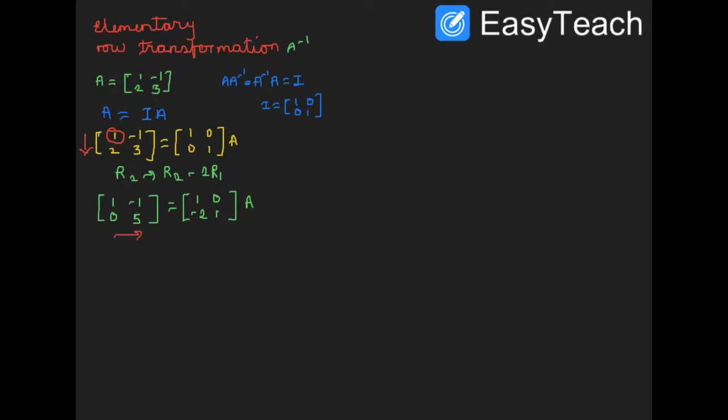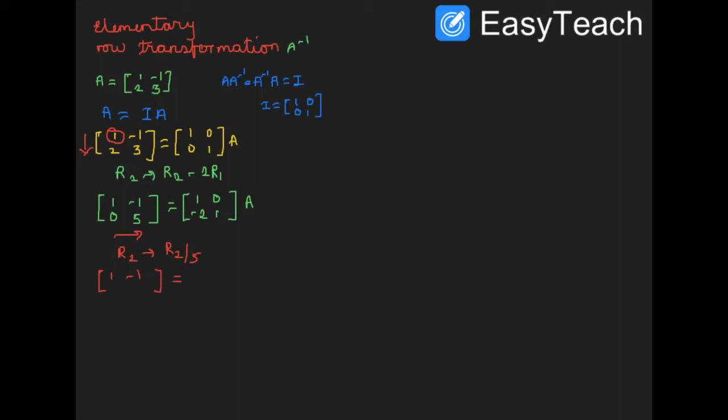So now this element has got to be converted into 1, because the entire left hand side I am going to convert like this. So whatever is remaining over here, I shall divide it by the same, and R2 tends to R2 by 5. So no change in R1. We shall write R1 as it is, 1 minus 1. No change over here.